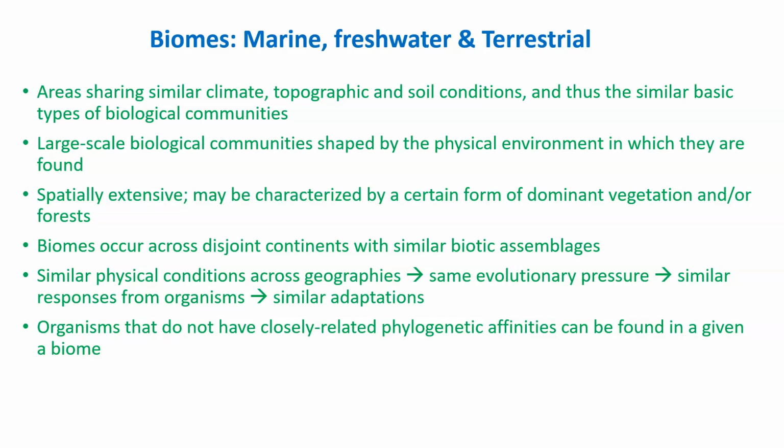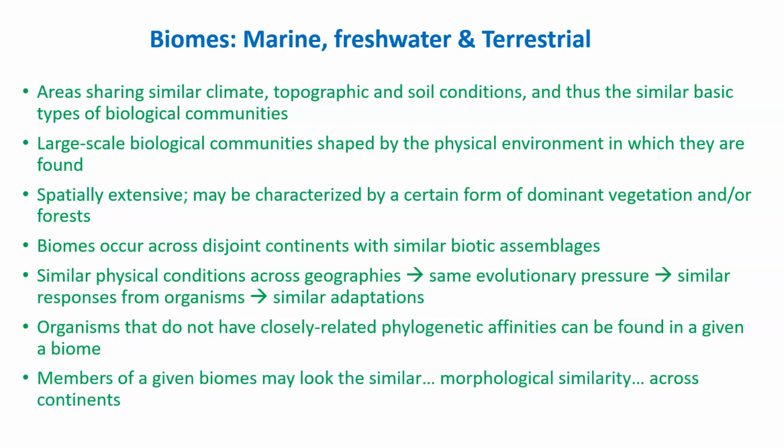So organisms or species that do not share the same ancestry, or the same evolutionary history, can be found in a given biome. Because of that, although species occupying a particular biome are not necessarily closely related to each other, they could show similar adaptations.